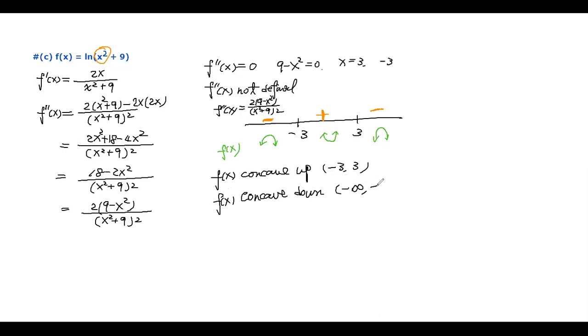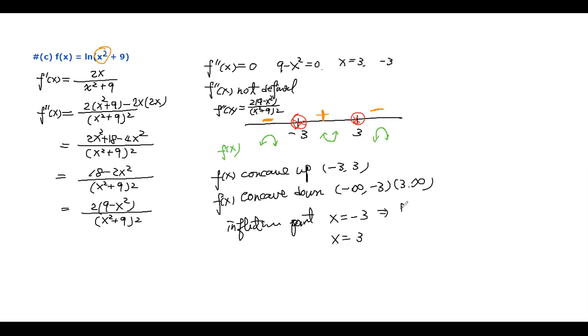Negative infinity to negative 3 and 3 to infinity, right? And then you see here, oh, here the concavity changes, right? So here are the 2 points of concavity change. So my inflection points could be x equal to negative 3 and x equal to 3, right?